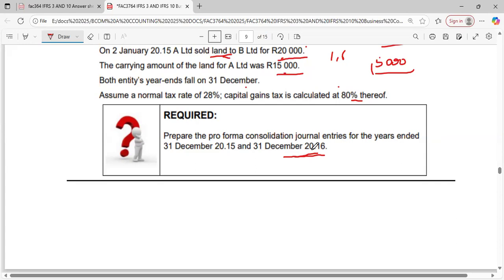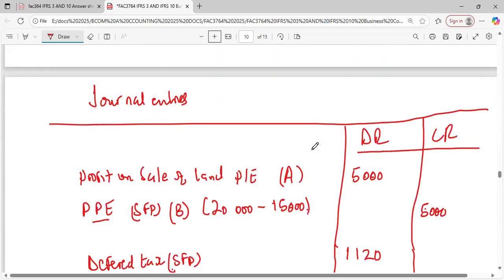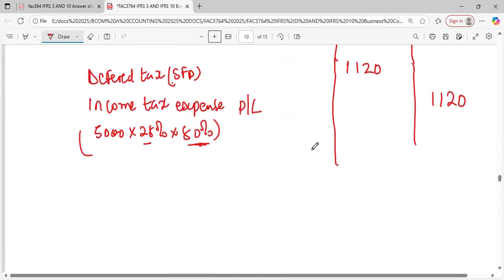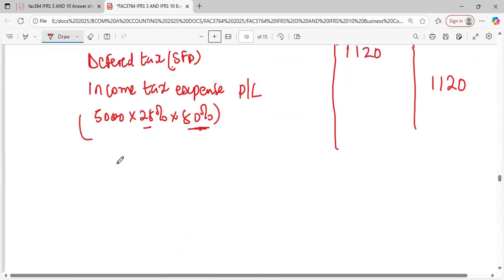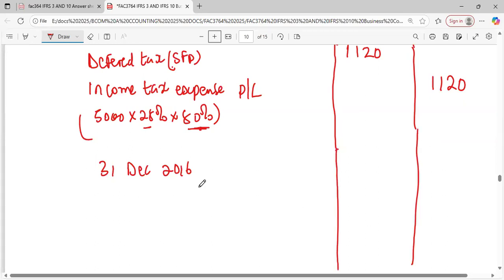If we are to do another consolidation on 31 December 2016, which corrections are we going to do? Right, if we do the one for 31 December 2016, it means we now go and say, so the one for 31 December 2016 will now be just a correction.